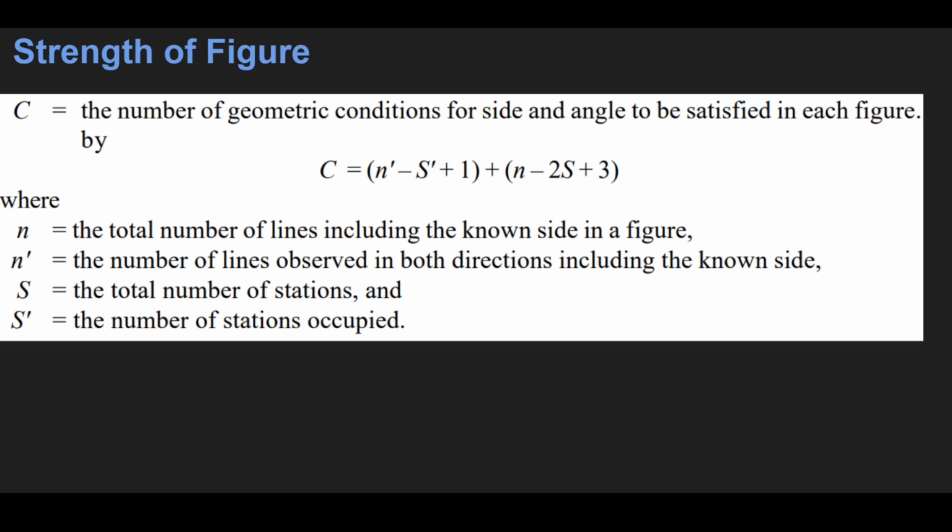Then n prime, the number of lines observed in both directions, including the known side. Okay? So in both directions, because there are also lines that are observed only in one direction. So we are talking here about the lines observed in both directions. We have s, the total number of stations, and s prime, the number of stations occupied, because as we've said before in the previous video, not all of the stations can be occupied, right?